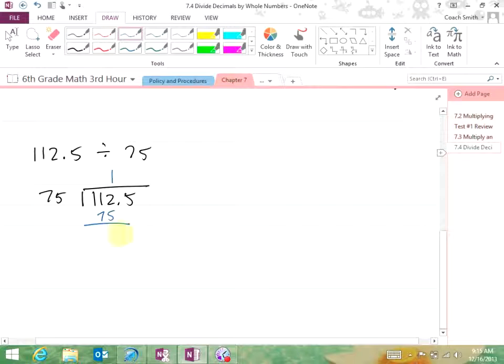We subtract that. You have to borrow, make that 12, make that 7. Borrow, make that a 0, make that 10. That's 37. Bring down my 5.